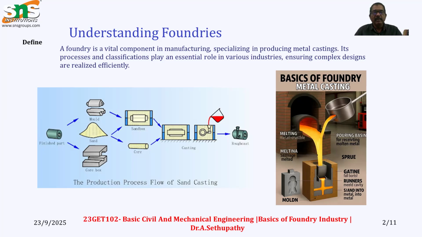The pattern is fixed in the center, the boxes are closed, and then the two boxes are separated and the pattern removed. The pattern impression is formed in the squeezed sand, so a cavity is created in the center with the size and shape of the pattern we are using to make the molds.